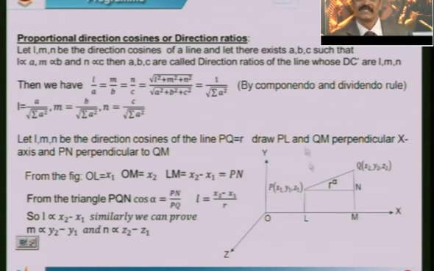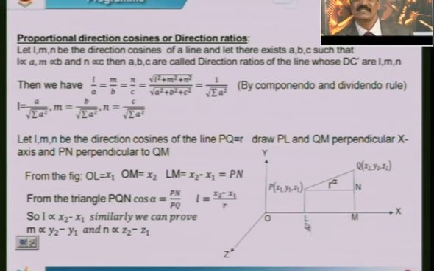So here this point is x1, y1, z1, and this point is x2, y2, z2. What you do is draw PL and QM perpendicular to the x axis, and draw PN perpendicular to QM, that is all.